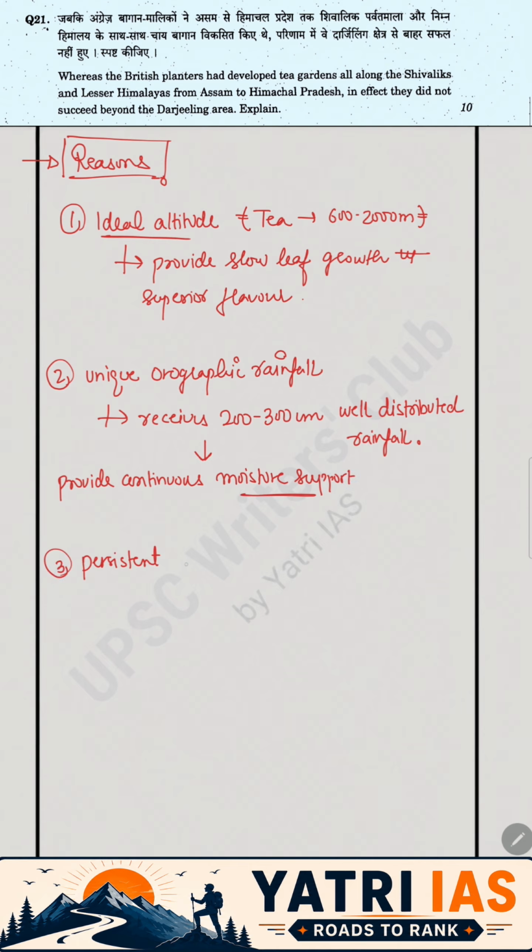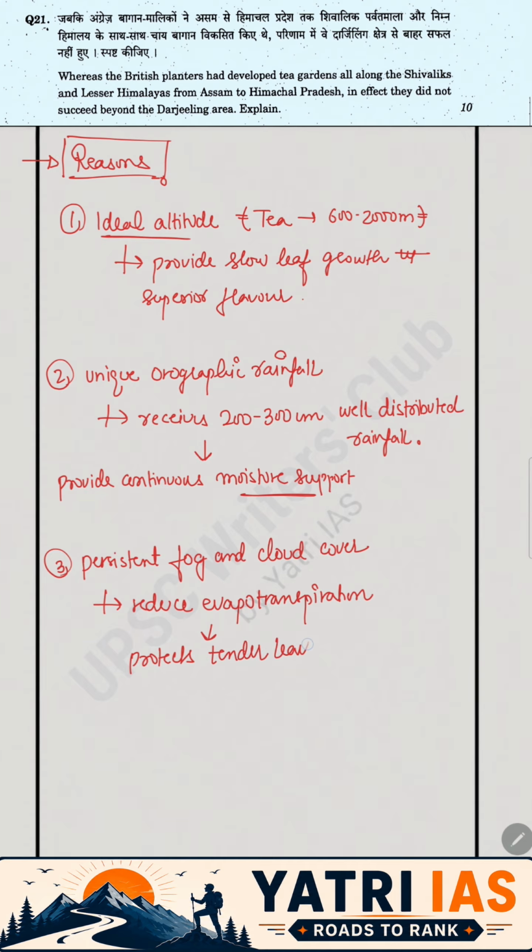Then you would mention the persistent fog and cloud cover in the region of Darjeeling, which helps in reduction of transpiration, which protects tender tea leaves from sunlight. This is again a favorable condition which is found in variability in other regions.